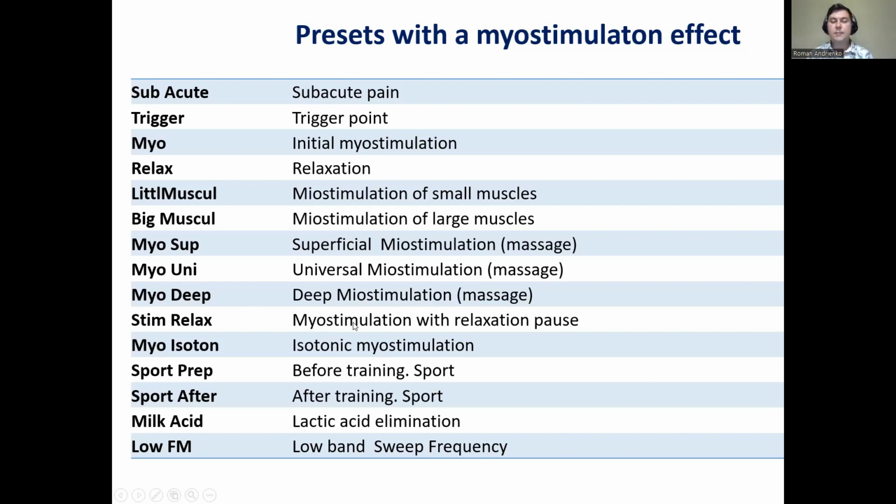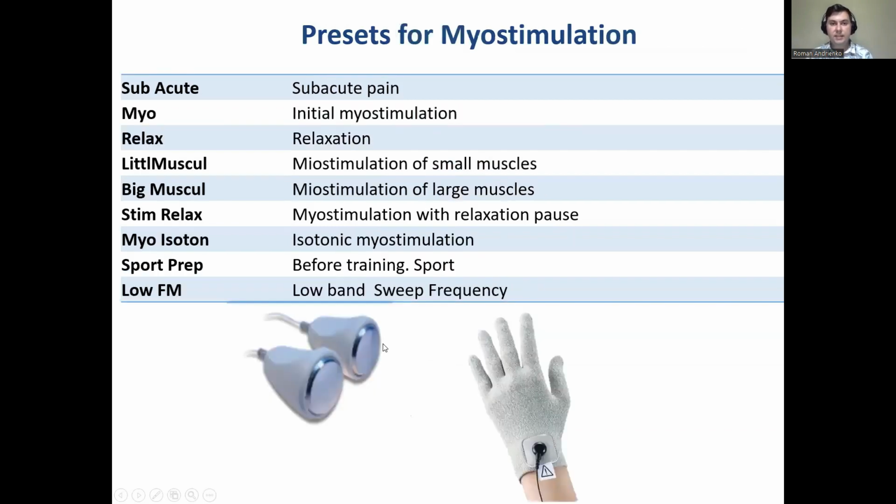Steam relax is the myostimulation with the relaxation pause. There's an isotonic myostimulation, sport prep and sport after, lactic acid elimination preset, and low FM or low band sweep frequency. And these presets should be considered in the very first place if we're aiming for good and effective myostimulation.